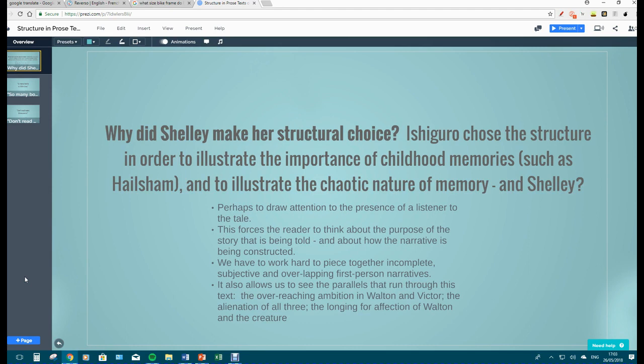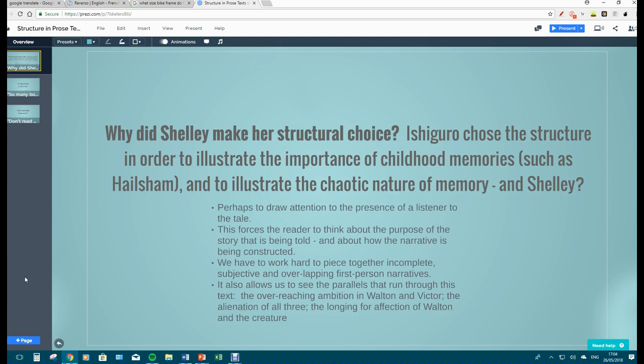One reason why she uses this very complicated structure of having several different narrators, all of them embedded into a different narrative, is the idea that each time you get a new narrative, you get a new listener. So Walton has Margaret, his sister, Victor has Walton to listen to him, the creature has Victor, and so on.